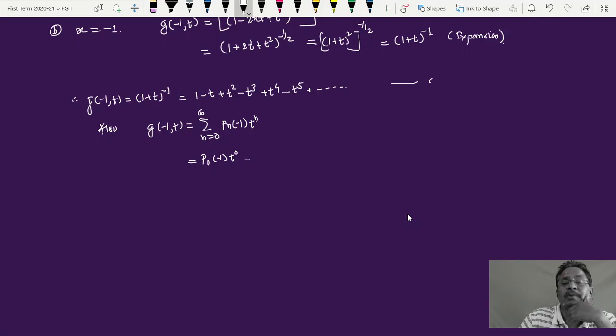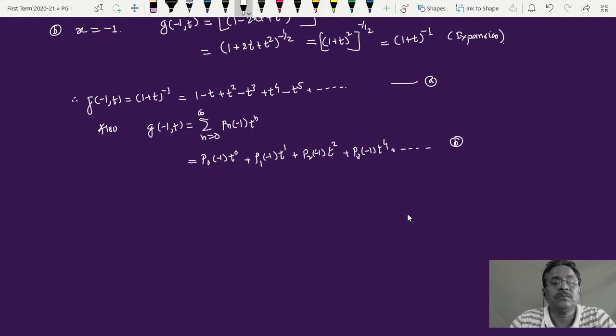Now we can call this equation B. Then it is plus p1 of minus 1 into t raised to 1 plus p2 of minus 1 into t raised to 2 plus p3 of minus 1 into t raised to 3 and so on. This is my equation B.